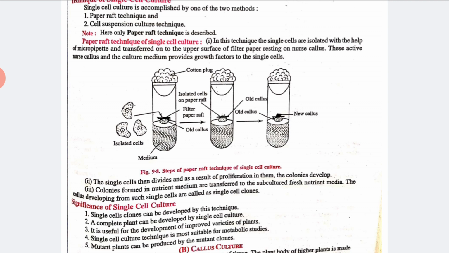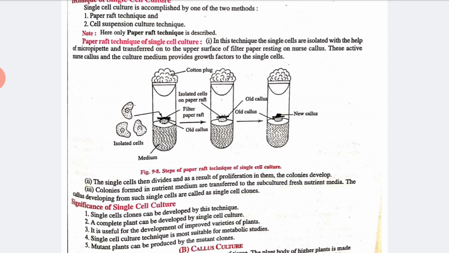There are historical events also, but we will go through the paper raft technique of single cell culture. We take an isolated cell in the medium, and again we put the cotton to plug that test tube. Here we put the filter paper raft, and this is called the old callus.